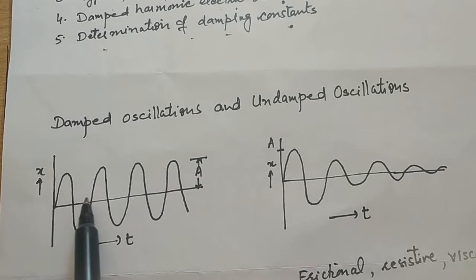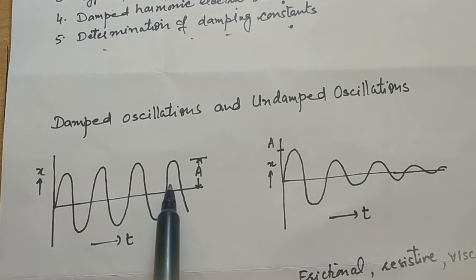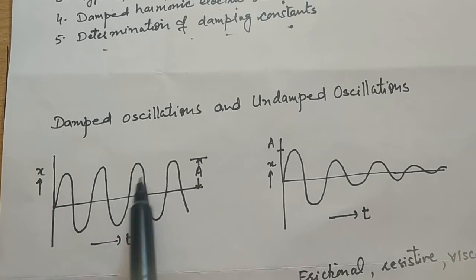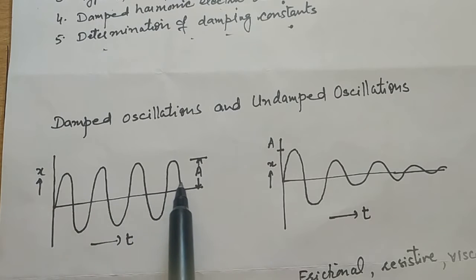Such oscillators in which amplitude remains constant are called undamped oscillators, and such oscillations are called undamped oscillations.